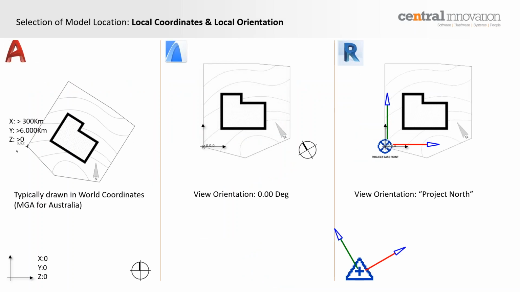Now, this is the part where we start drawing a difference and trying to make some sense of how those different points may relate to each other and what's the outcome of an IFC file once we export or start exchanging IFC files.